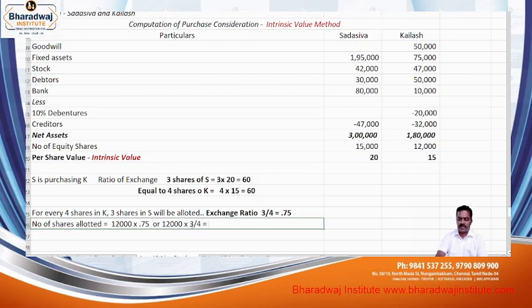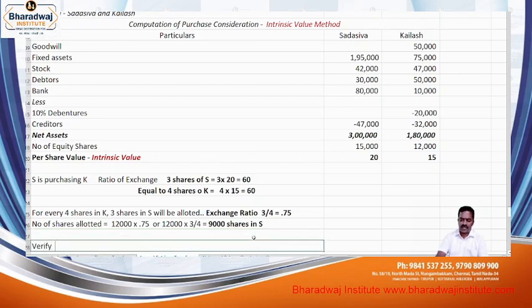How many shares will be allotted? 9,000 shares in S will be allotted. You understand? We can verify. 9,000 shares in S are given to K. So, what is the value of 9,000 shares?